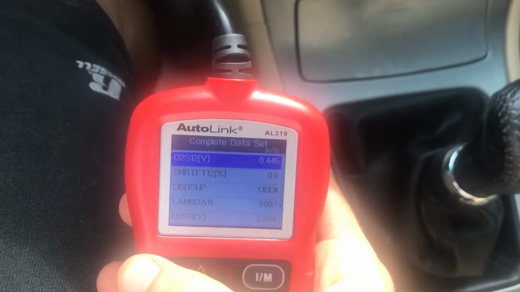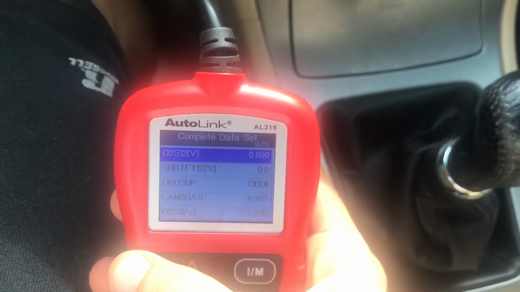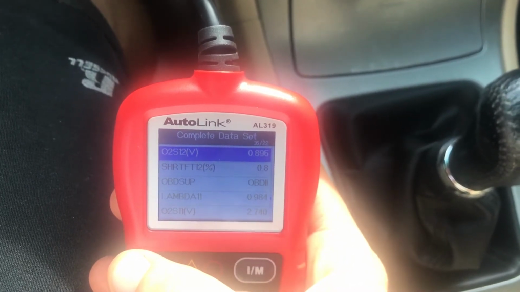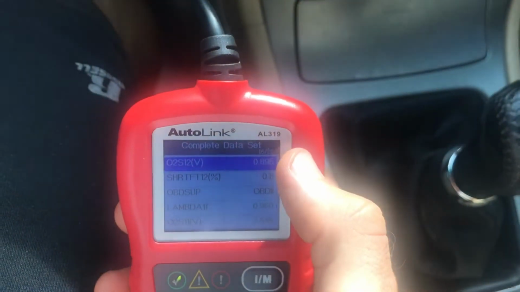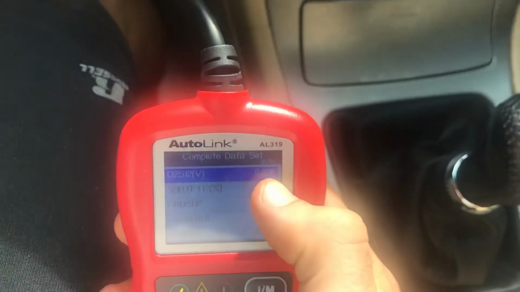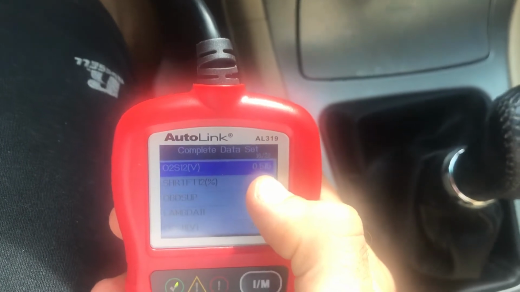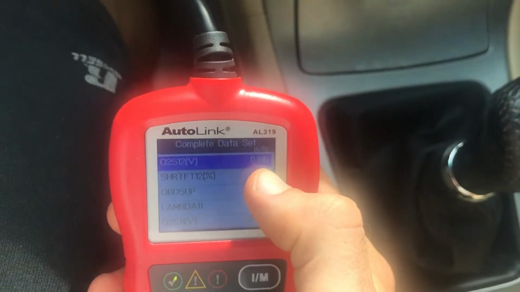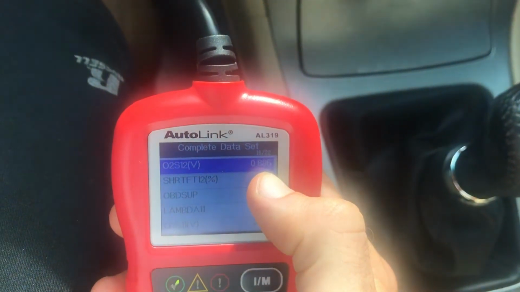And so what we're doing is we want to make sure that the downstream O2 sensor, the O2S12 value, is relatively constant around 0.5 volts, and it should not be fluctuating too much.